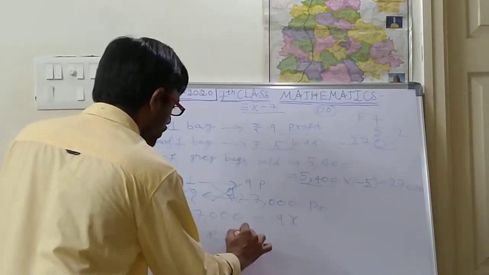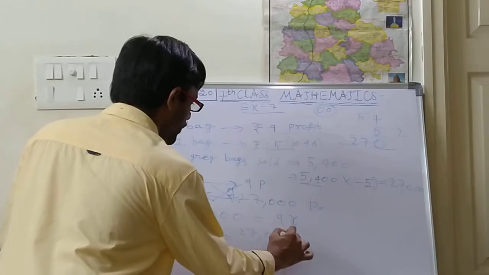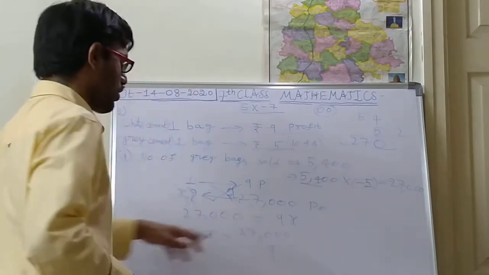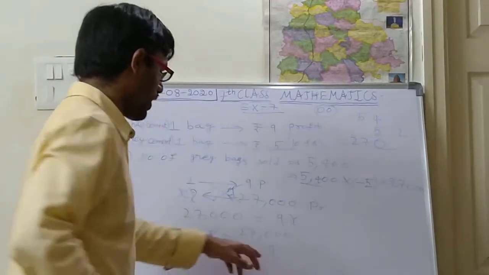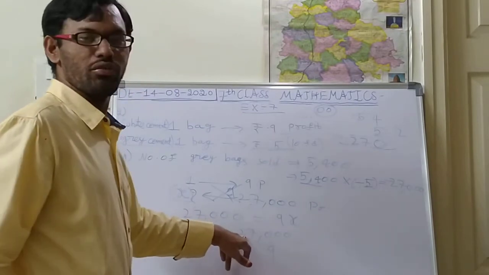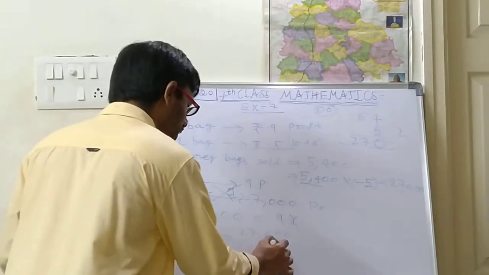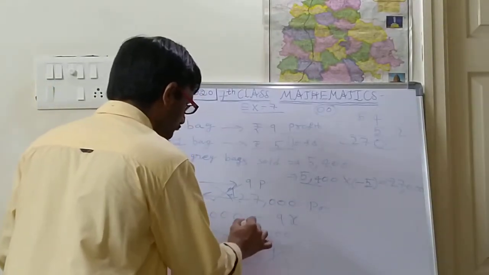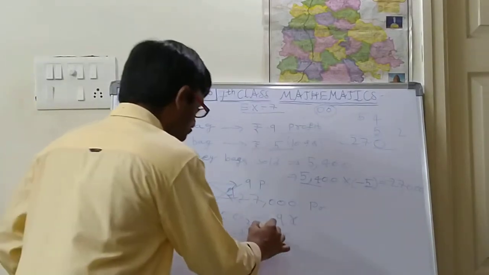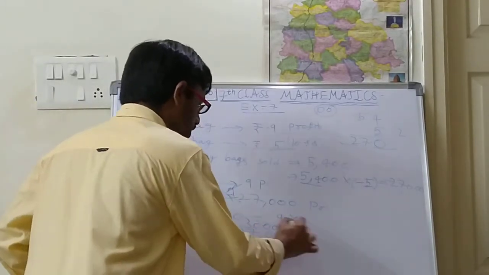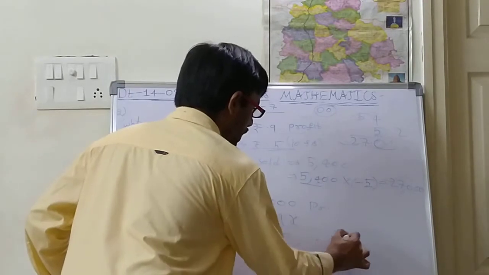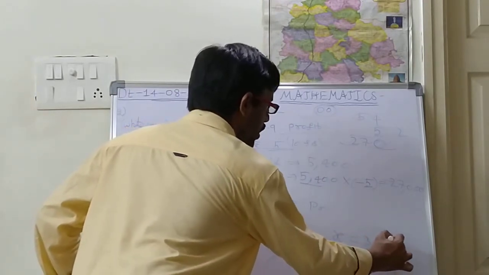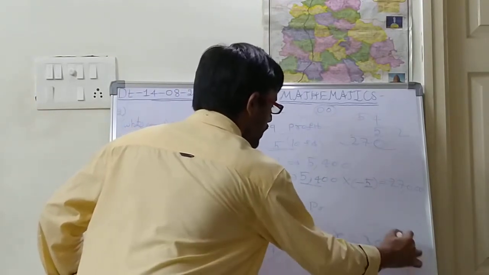So x is equal to 27,000 by 9. In the 9 table, 9 threes are 27. So 3 zeros you keep as it is. Therefore x is equal to 3,000.